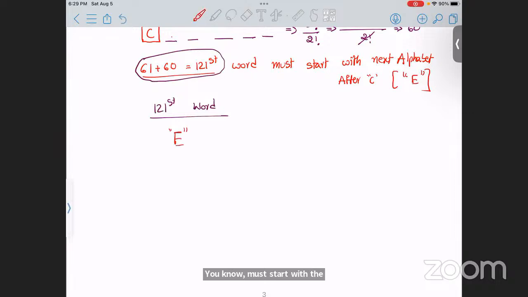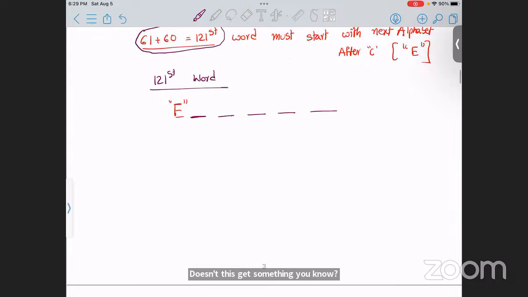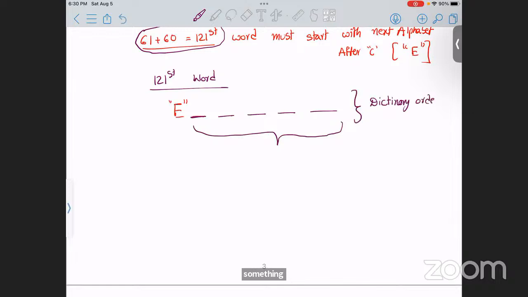And then listen to this carefully now. We have 5 positions. How will you arrange all these 5? In ascending order, dictionary order simply, because they clearly gave lexicographic order.